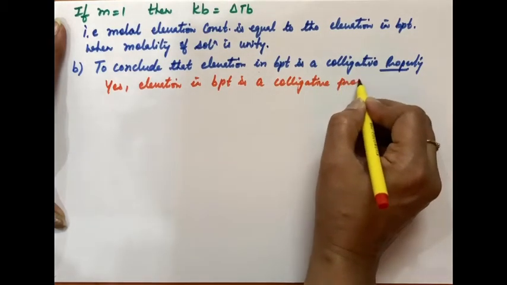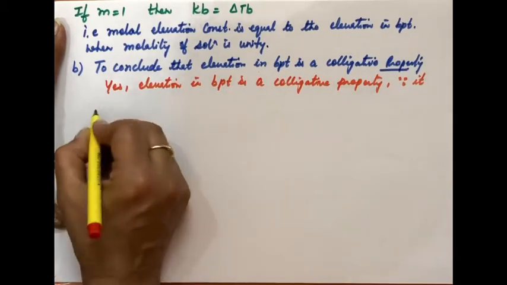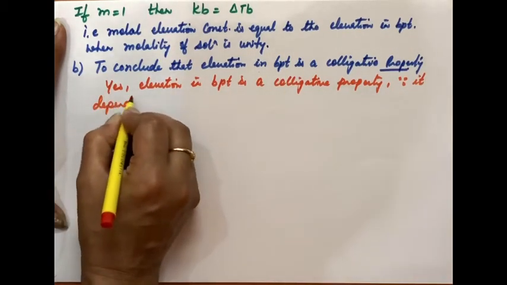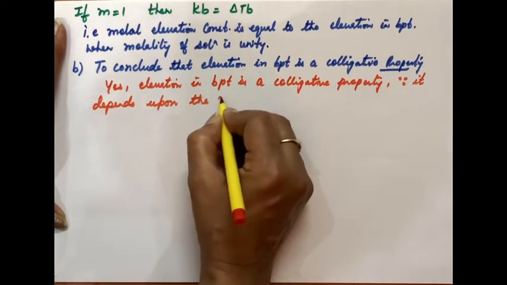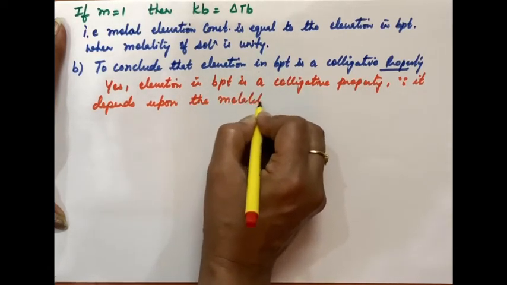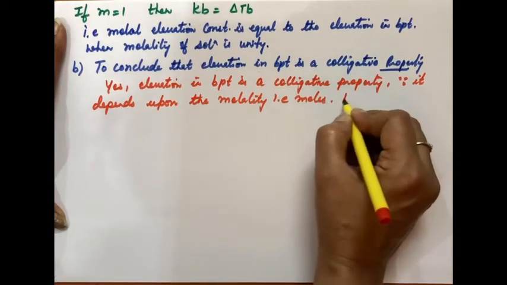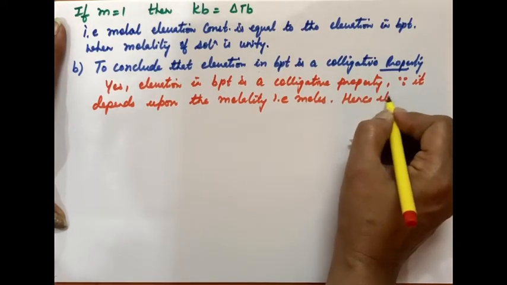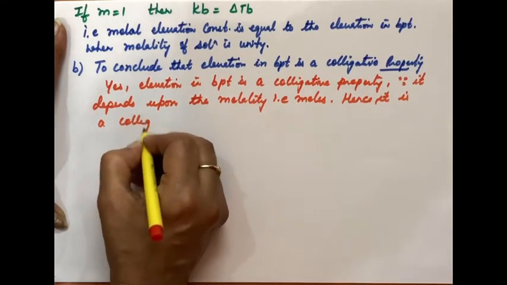It is a colligative property because it depends upon the molality, and molality means number of moles of solute in 1 kg of solvent, hence it is a colligative property.